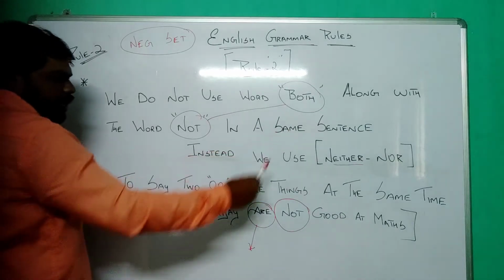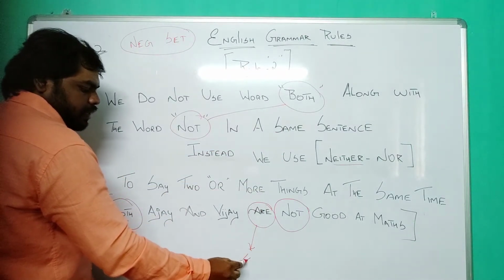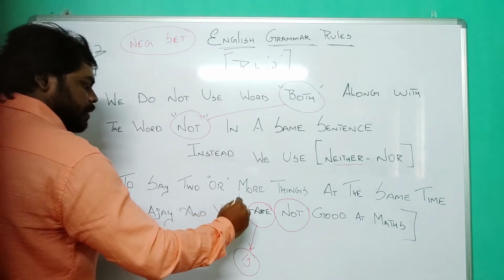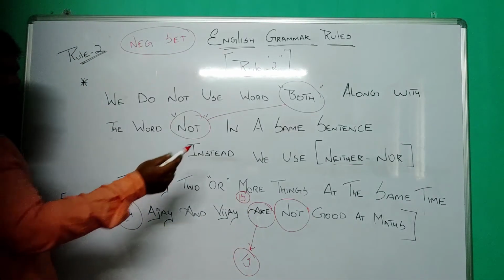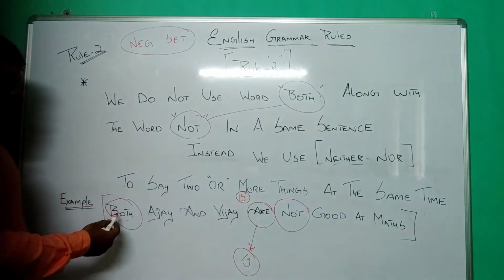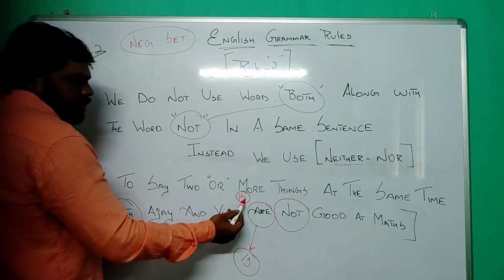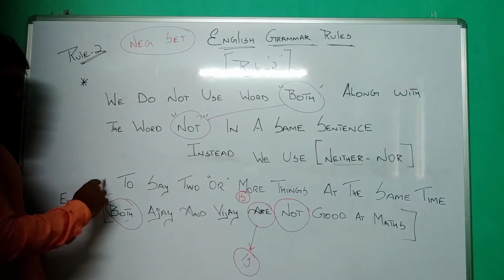So according to that, we should change the verb to singular. We should use is as the verb here. Now, if we reconstruct the sentence, it will look like neither Ajay nor Vijay is good at maths. This will be the right sentence.